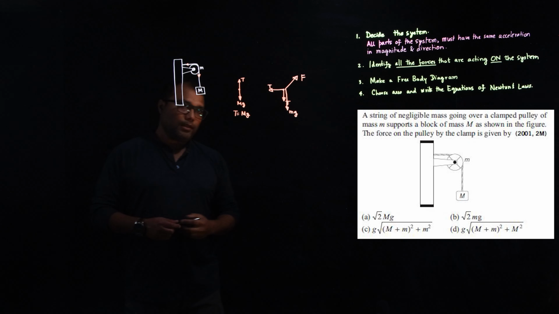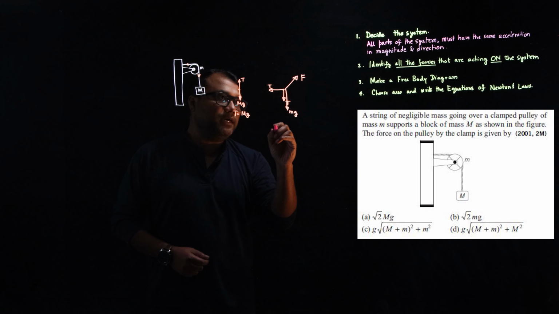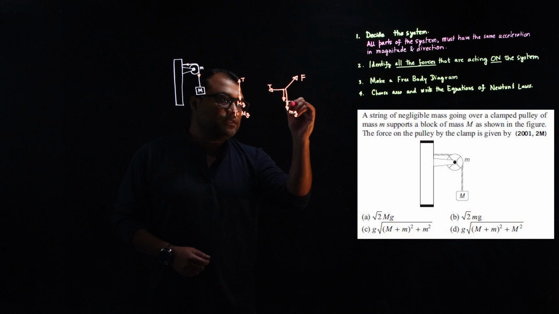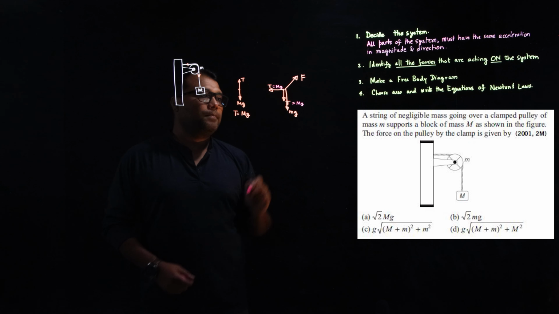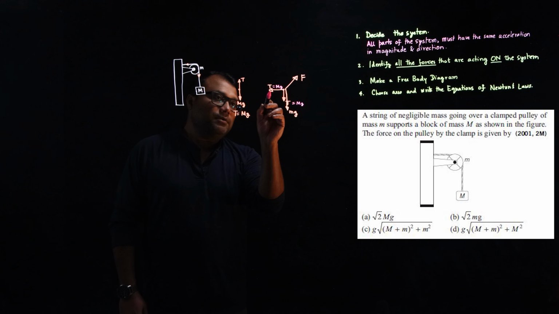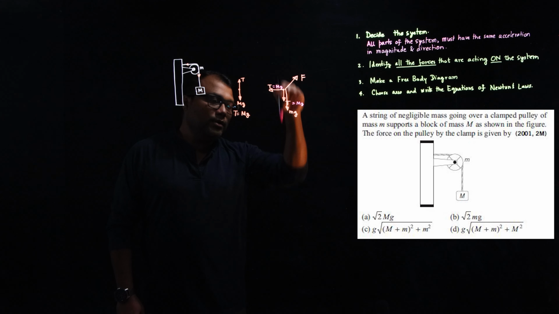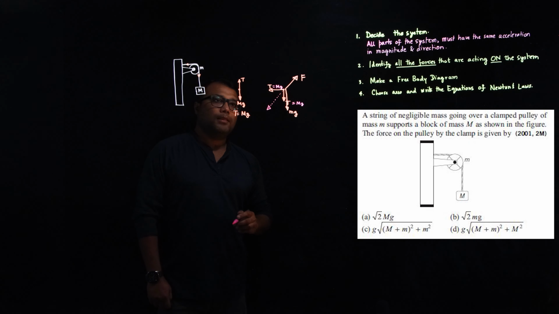So this tension is capital Mg, this tension is capital Mg. The vector summation of this and all the forces in the downward direction must equal F in the opposite direction.